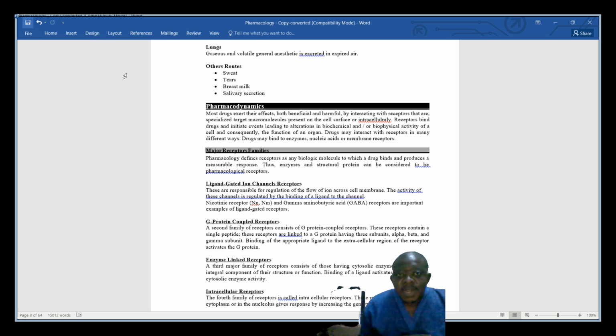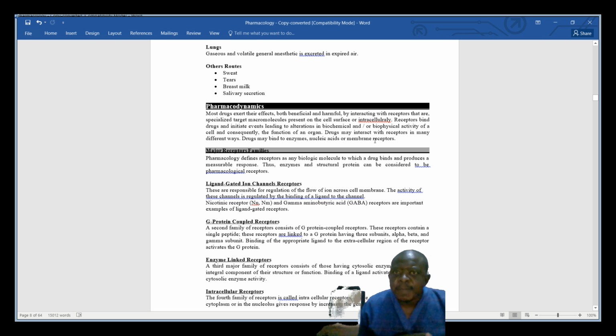So most drugs exert their effects, both beneficial and harmful, by interacting with receptors that are specialized target macromolecules present on the cell surface or intracellularly. So receptors bind drugs and initiate events leading to alteration in the biochemical or biophysical activity of the cell and consequently the function of an organ.